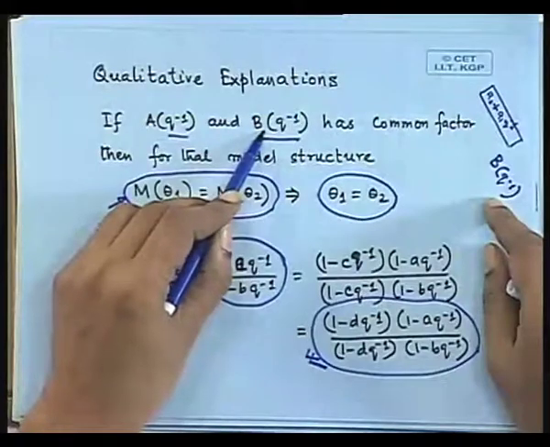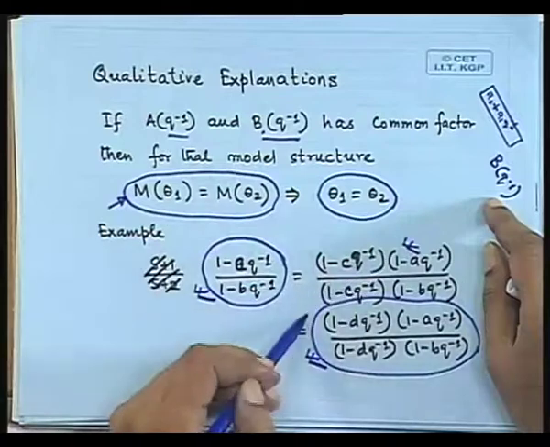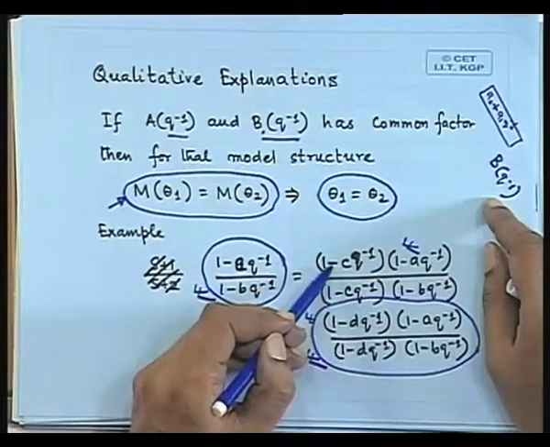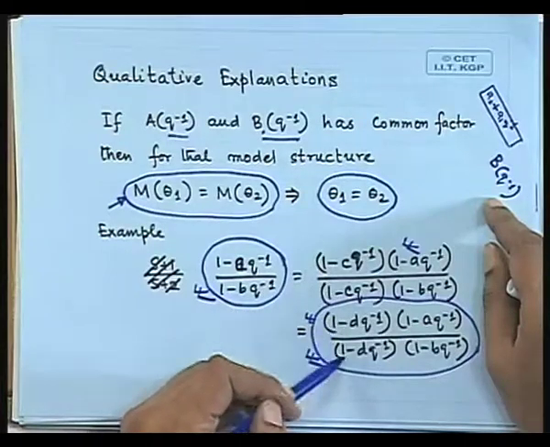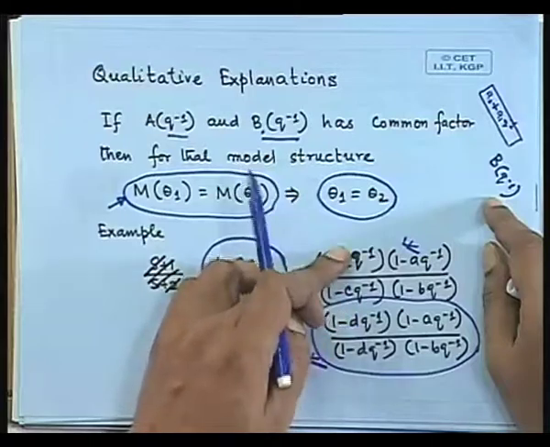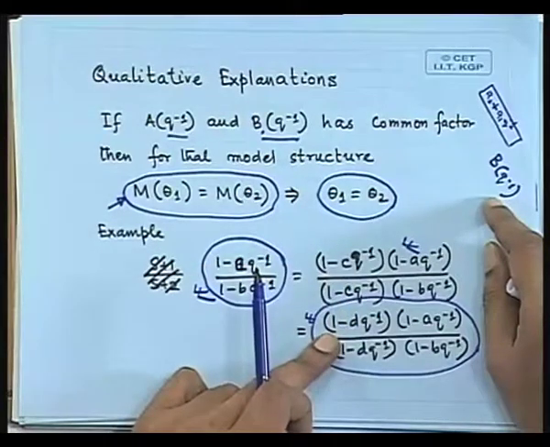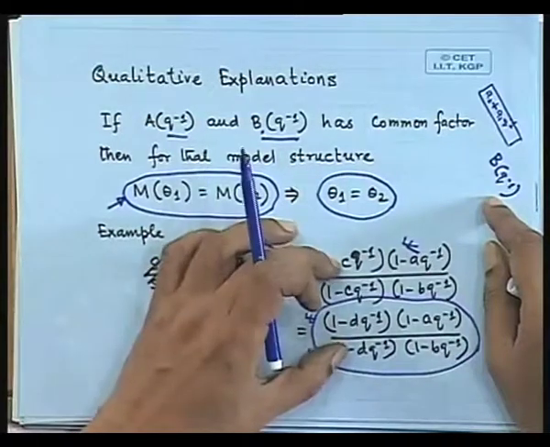That parameter set should be unique. But if A and B have a common factor, then that parameterization is not unique, because this is a parameterization, and this is a parameterization. Here I have multiplied by 1 minus C Q inverse, here I have multiplied by 1 minus D Q inverse. So in this model structure, this parameter value and this parameter value are going to be different if you really multiply, but they are the same system.